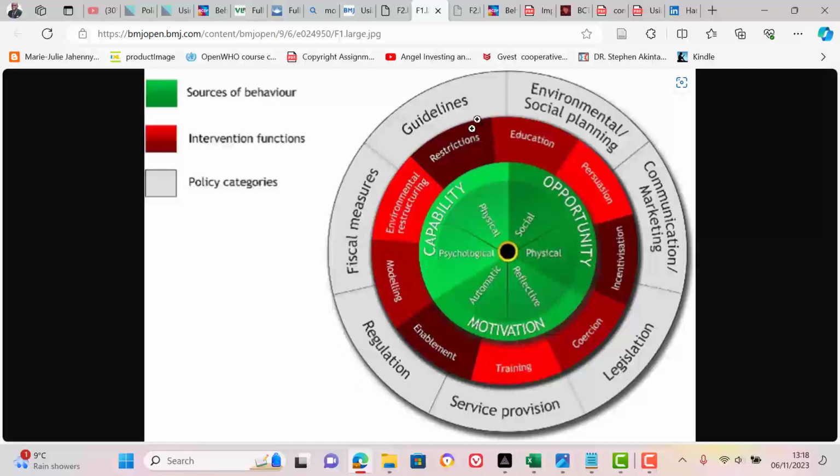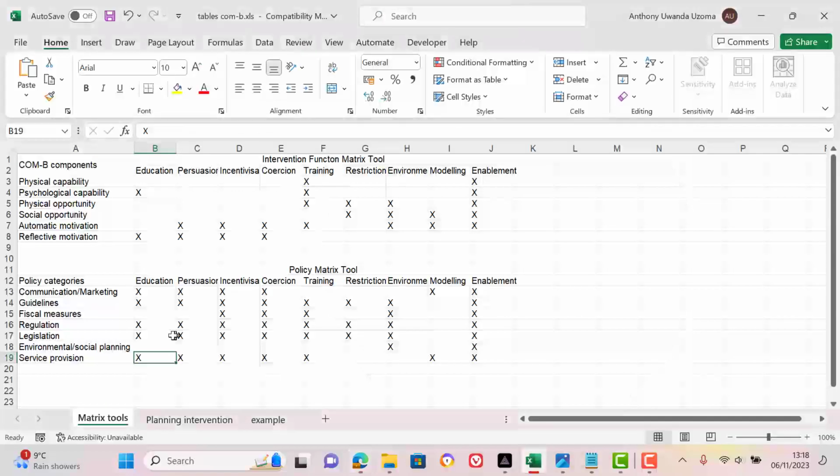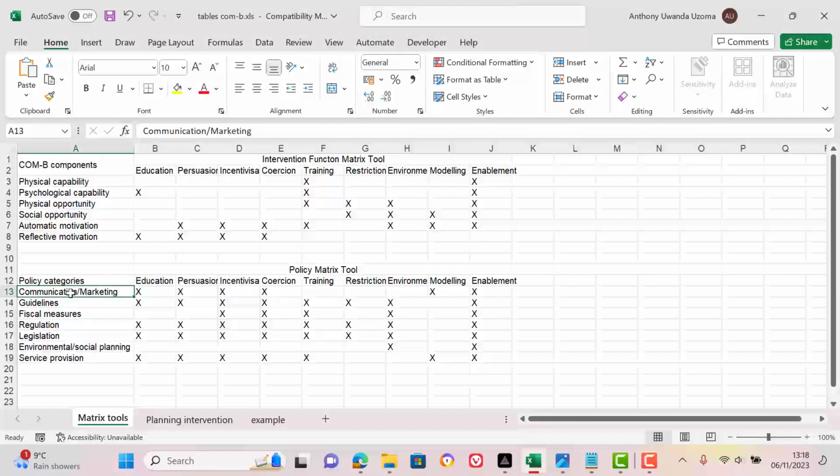That means under intervention I can use any of these, but under the policy I can use regulation, fiscal measures, guidelines, and environmental planning. But when I use the matrix tool, it makes it clearer for me what the options are. And that is why we need to use the matrix tool.